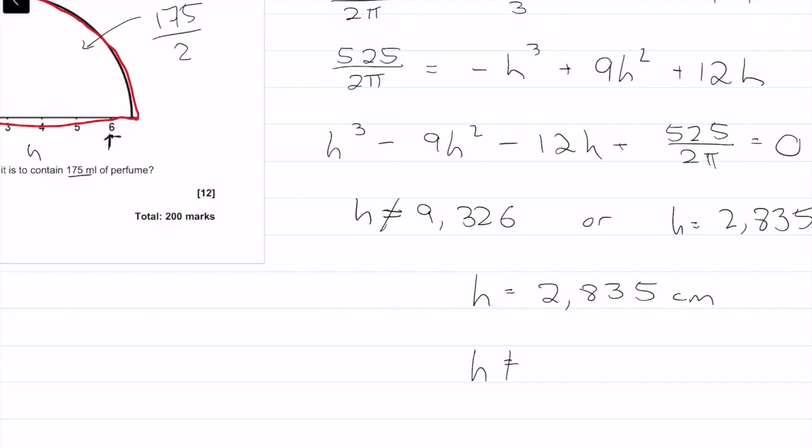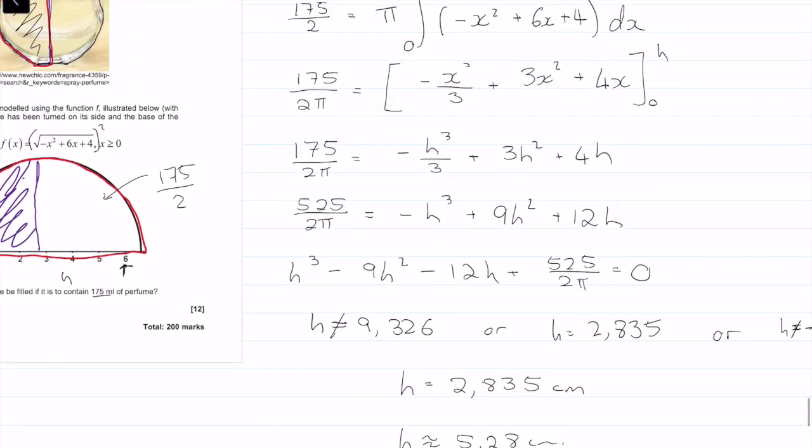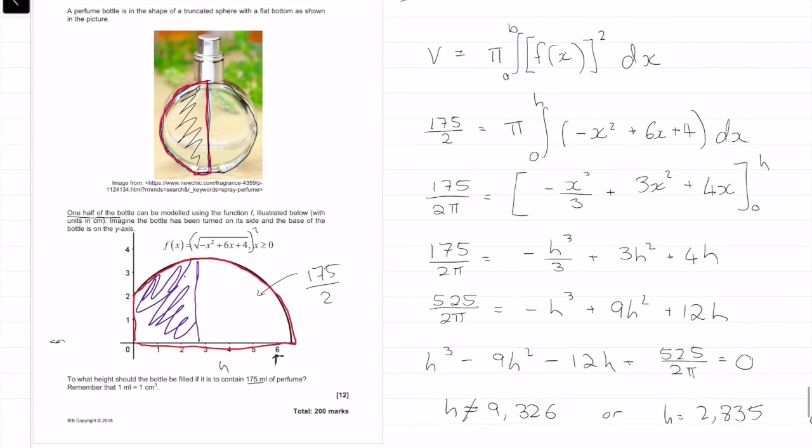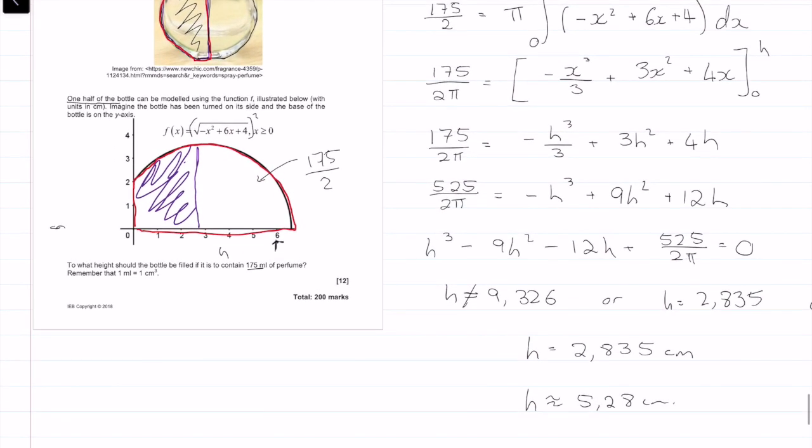Let's say the answer from the IEB is approximately equal to 5.28 centimeters. But like I said, I think there's an error. They went through the same steps that I've taken you through, except they haven't divided by 2. I think they have forgotten that part. So that is our final answer, what I believe to be the correct answer.